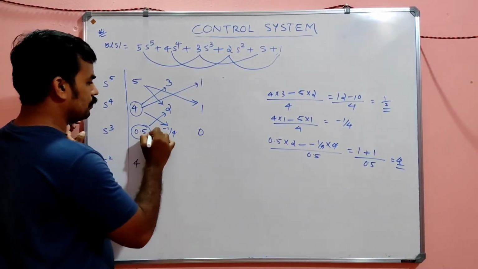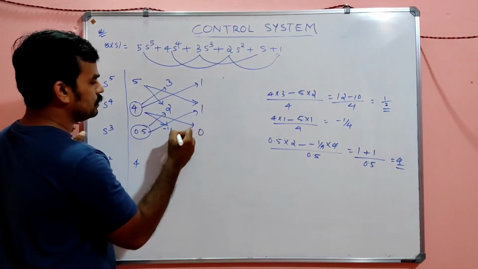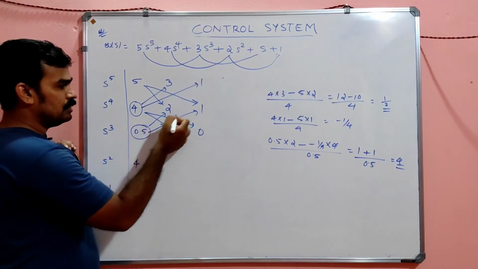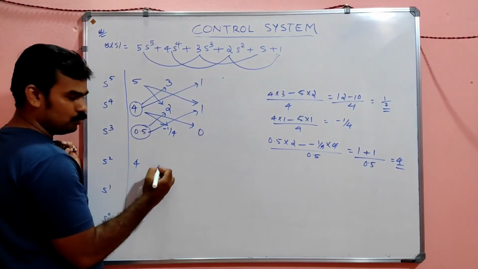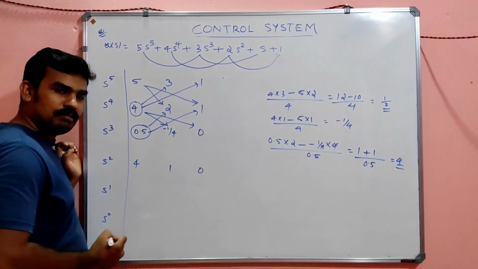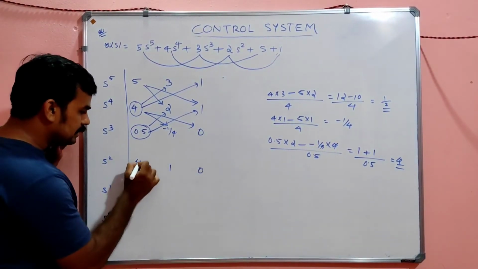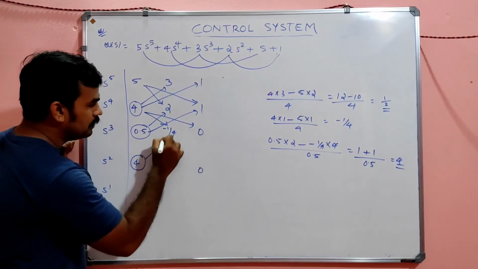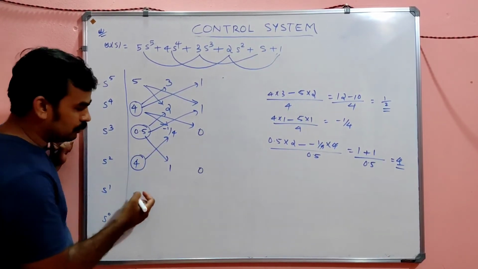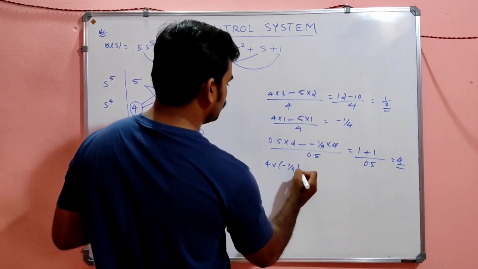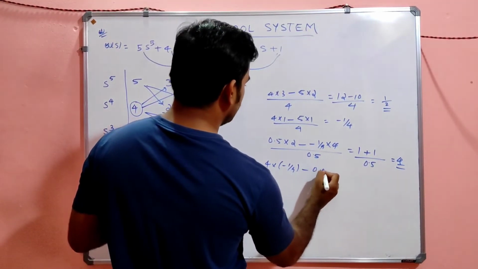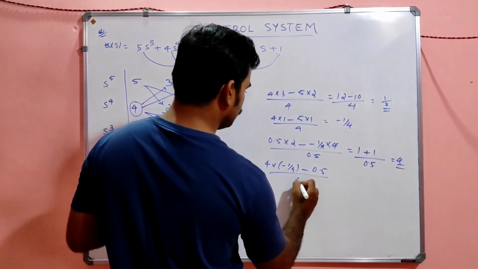So for this unknown, this into this minus this into this divided by this. So this into this means 0.5 into 1 minus 0, divided by 0.5, is simply 1. And there is no 1, it is 0. And for this, focus on this: this into this minus this into 0 divided by 4. So I will find it: (4 into minus 1 by 4 minus 0.5) whole divided by 4.